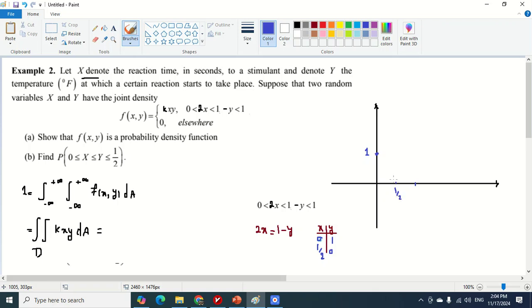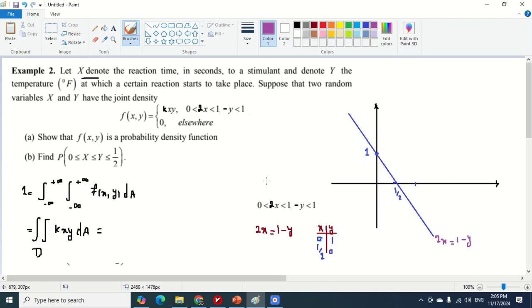If you connect them together, you will find the given line. This line is 2x equal to 1 minus y.